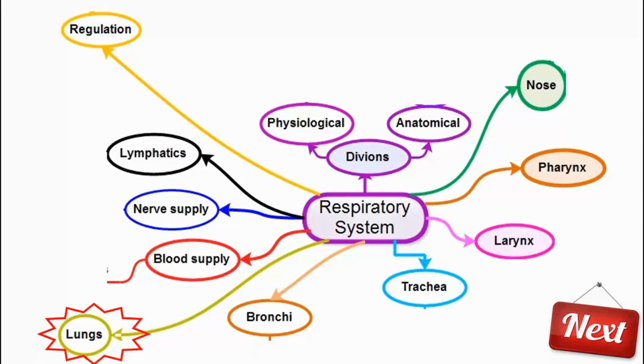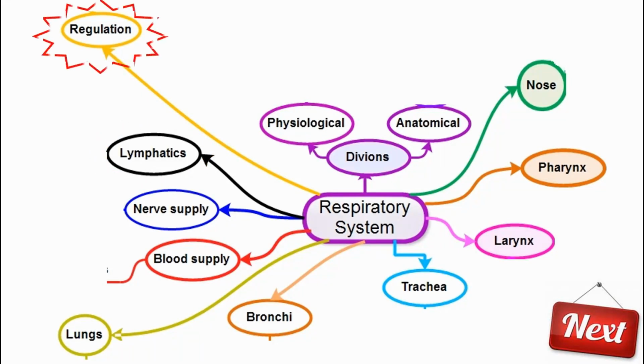We will be addressing the lungs, their blood supply and nerve supply and lymphatics, and then what regulates the respiratory system. These are what we are going to look into, and these are our objectives.